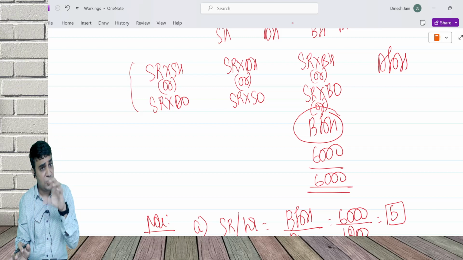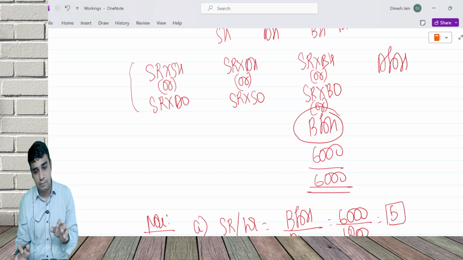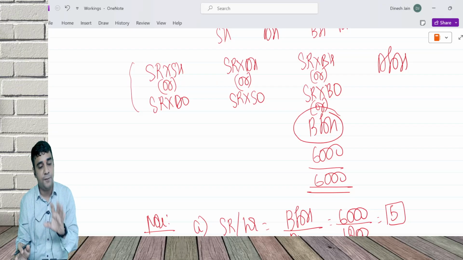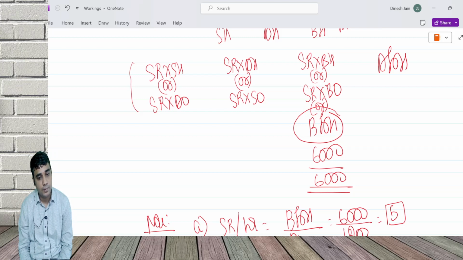Only thing I have is this. Tell me which variance links BFOH and any other item. Some variances are given in the question. They have given cost variance and volume variance. Expenditure is not given. In the cost variance or volume variance formula, in which one will BFOH come? What is the formula for cost variance? SR into SH minus AFOH. Both are not there, so let's leave it. Volume variance, what is the formula? Okay, let's use that then.